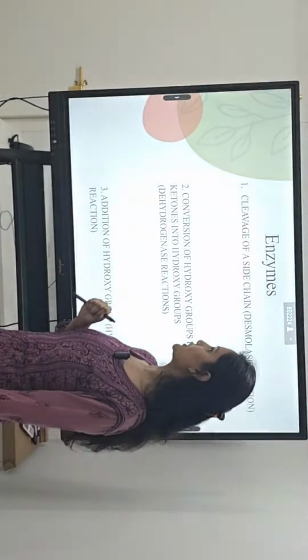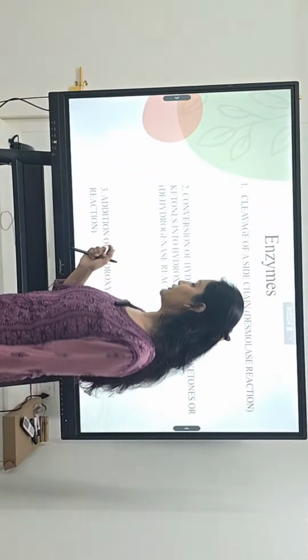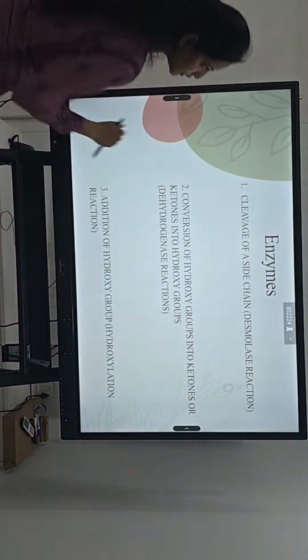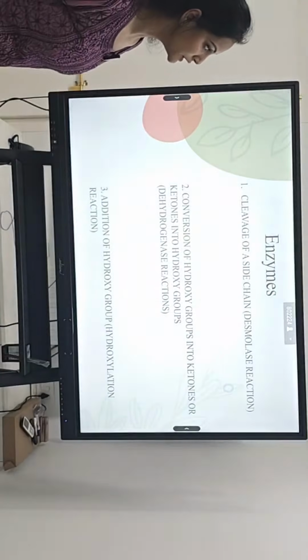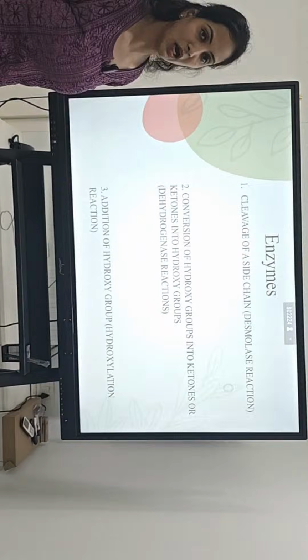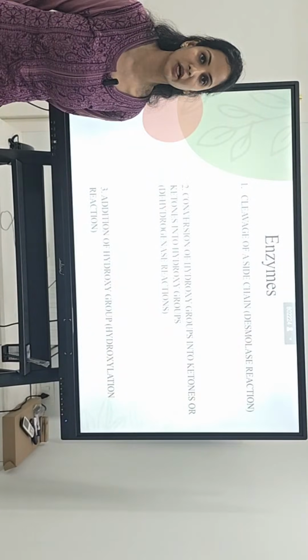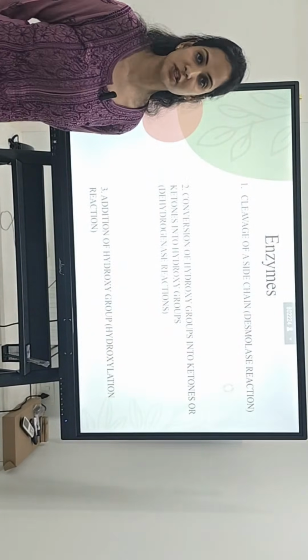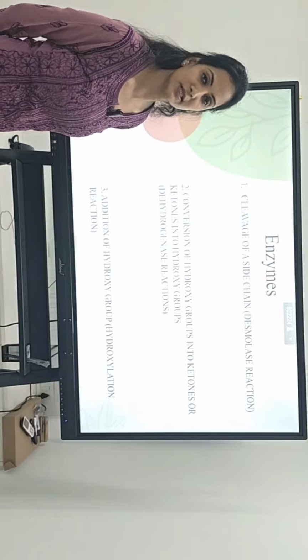Before we study the steroidogenesis cycle, we have to discuss some enzymes and reactions. The first reaction is the desmolase reaction. I have already told you about this reaction. If we have to break some side chain, we need one enzyme, desmolase, and this reaction is called the desmolase reaction.